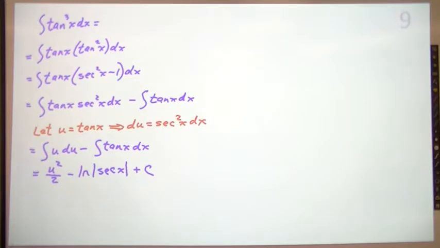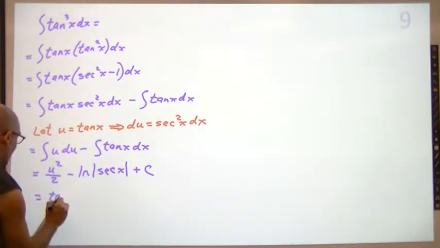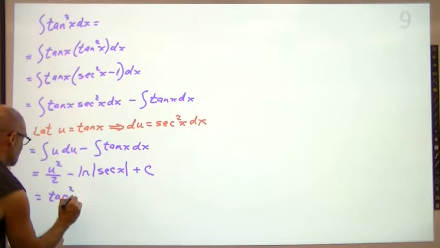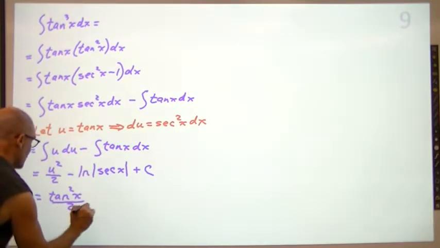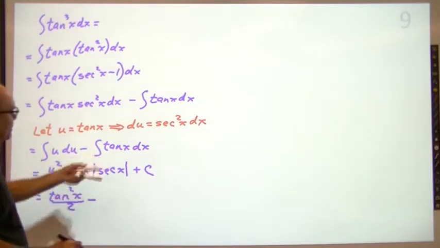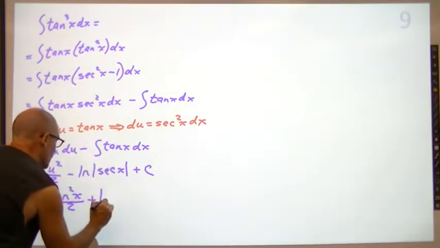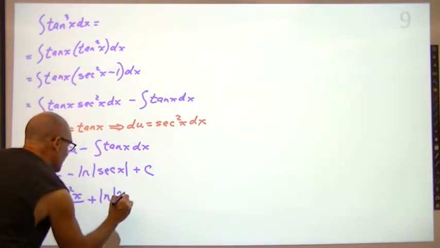Okay, so we need to put the x's back in, so this becomes tangent squared x over 2. Let's just reciprocate the secant, and we get cosine.